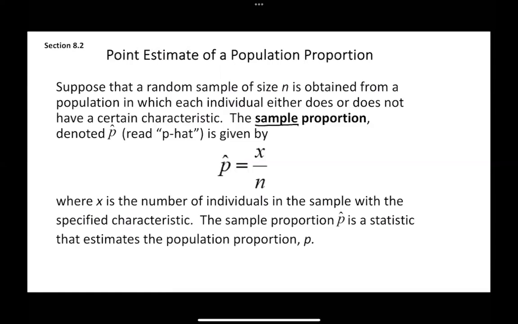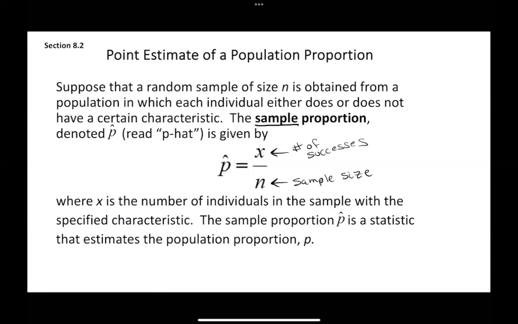So in an observation, this would be the number of successes, and then this would be your sample size. This should be very familiar. This was how we calculated relative frequency. This is how we calculated experimental probability. It is the same thing.